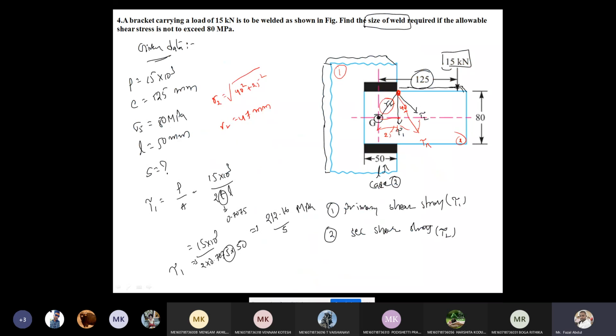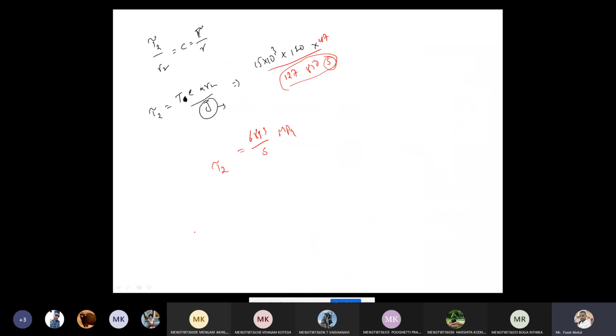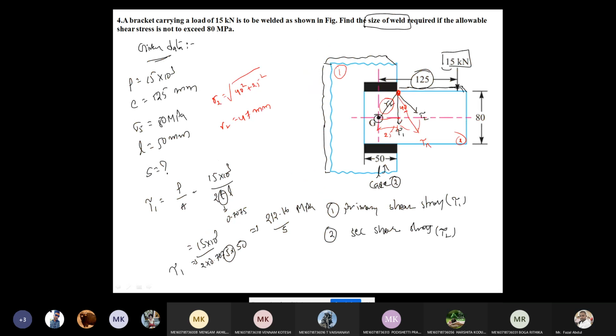So what is the equation for the resultant stress value? The resultant stress equals the square root of sigma 1 square plus sigma 2 square plus 2 into sigma 1 into sigma 2 into cos theta. So what is cos theta? Cos theta is R1 by R2. R1 is the distance from here to here.